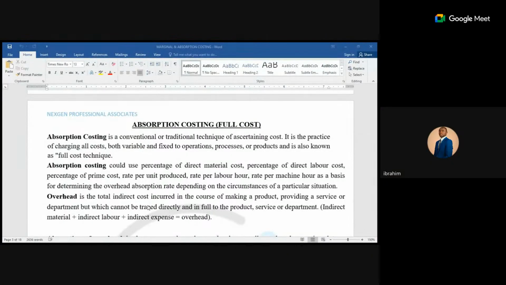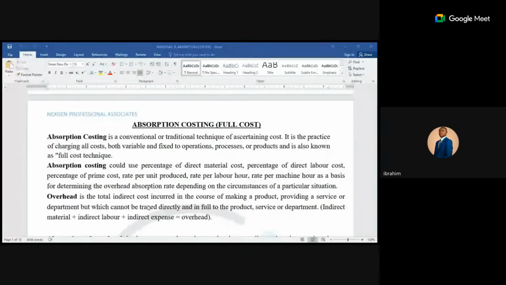Meaning that when you want to value inventory under absorption costing, you use full cost. And what are the full costs? The variable cost per unit and the fixed cost per unit.